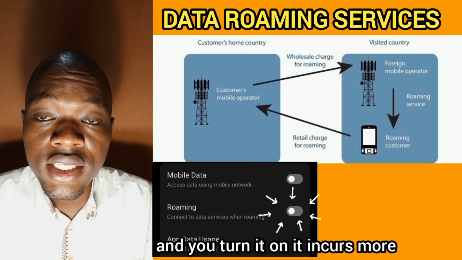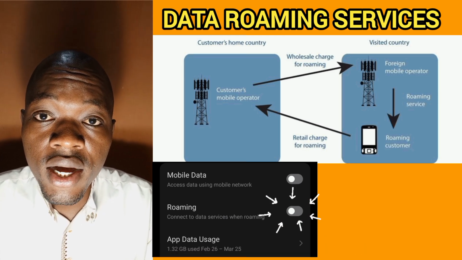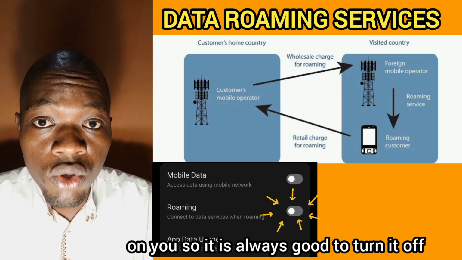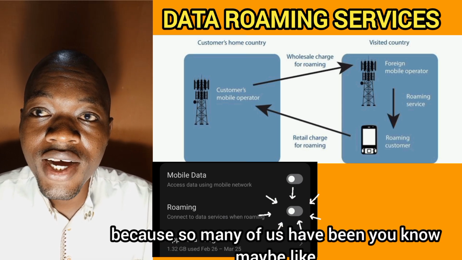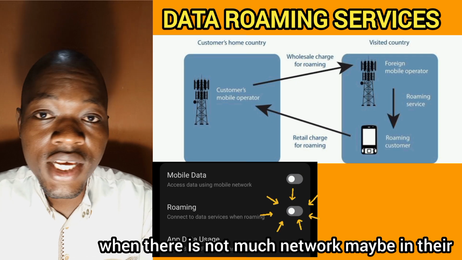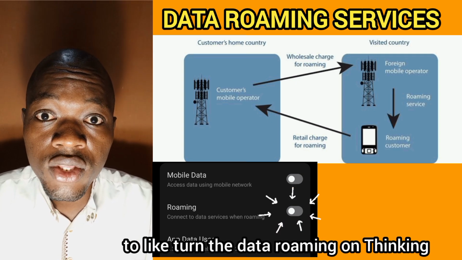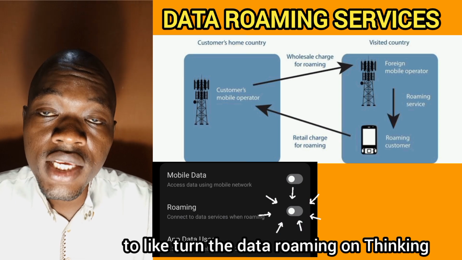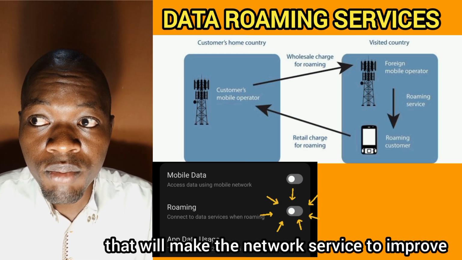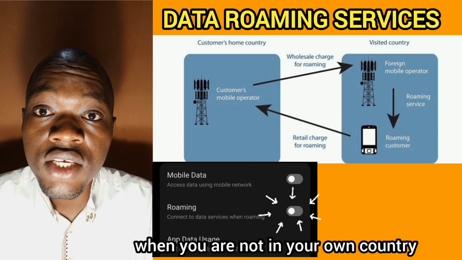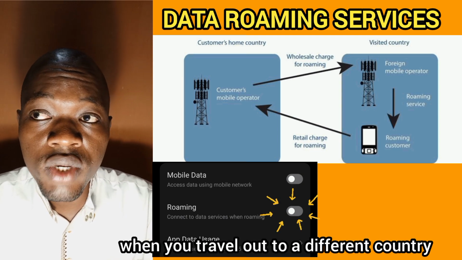So it is always good to turn it off, because many of us, when there is not much network in our neighborhood, decide to turn data roaming on, thinking that it will make the network service improve. But it does not. Data roaming is only used when you are not in your own country, when you travel out to a different country.